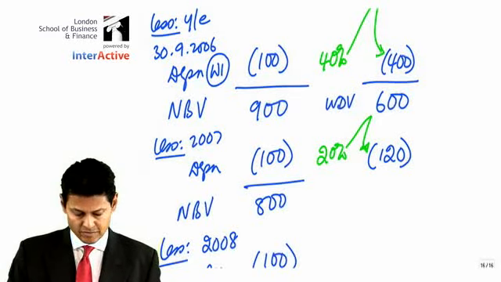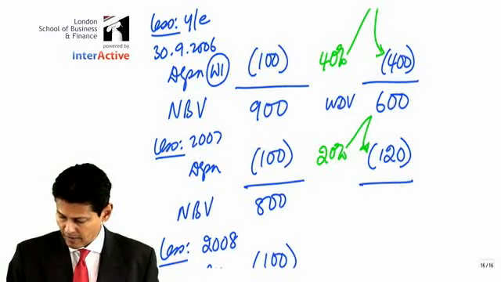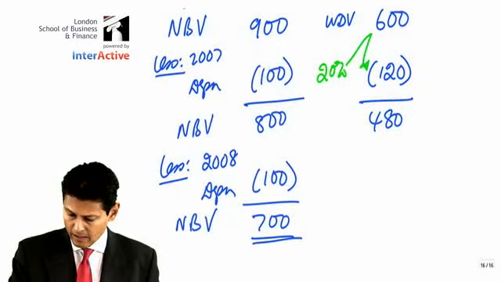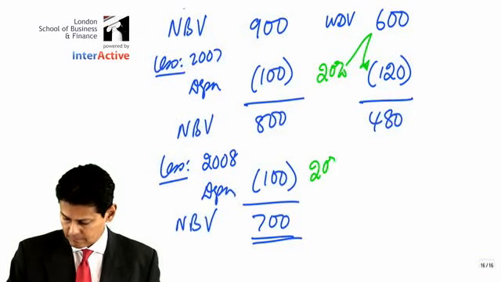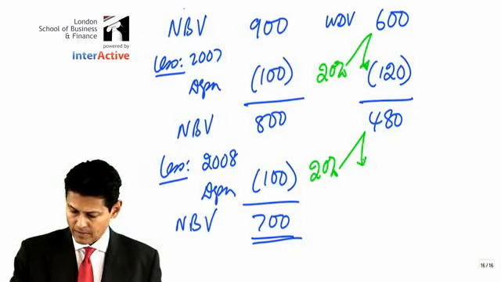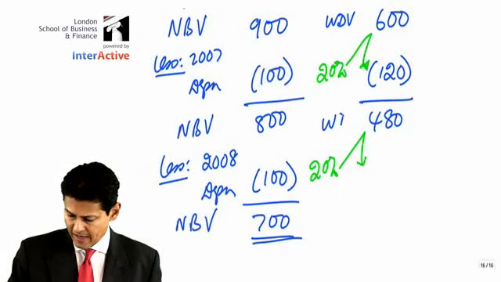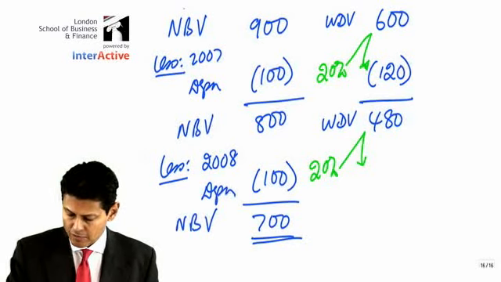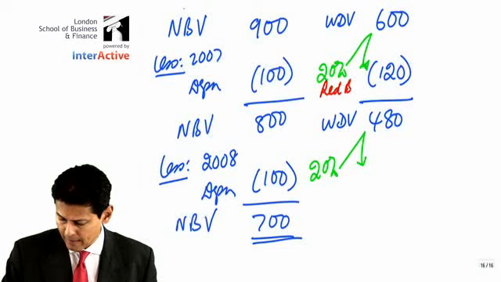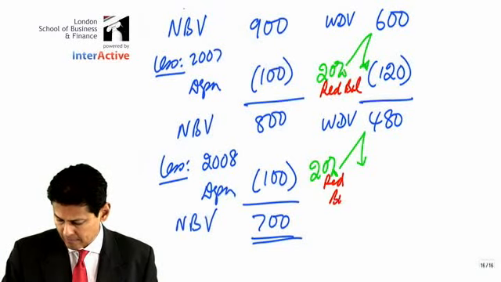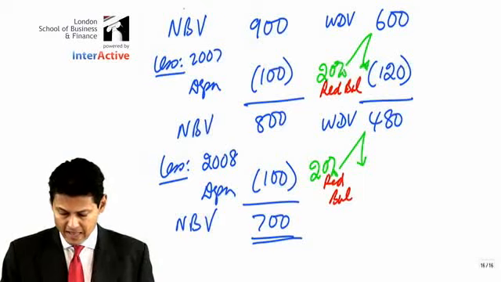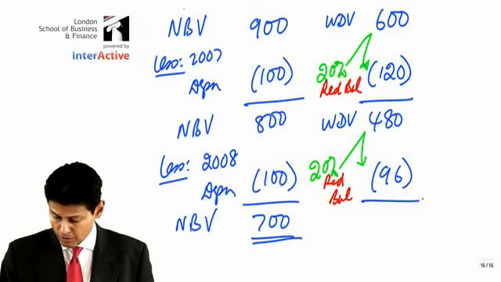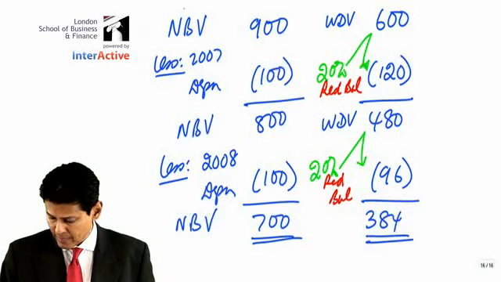Or use a calculator if you feel it's necessary. 480. 20% of that, which is, of course, the written down value. 20% of that, reducing balance. So maybe I'll just say red balance, reducing BAL method, is a figure of 96. And so 384 is how much we have.